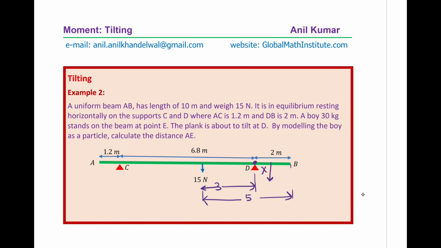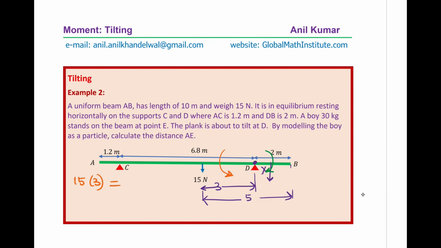And therefore, when we are talking about the moment due to the weight of the beam, the counterclockwise moment, in this particular direction, is basically 15 into 3, correct? And that should be equal to the clockwise moment because of the boy standing here, right?